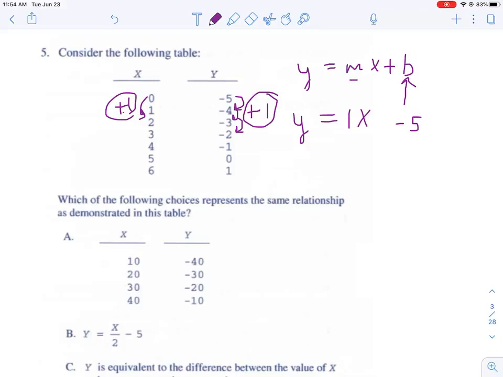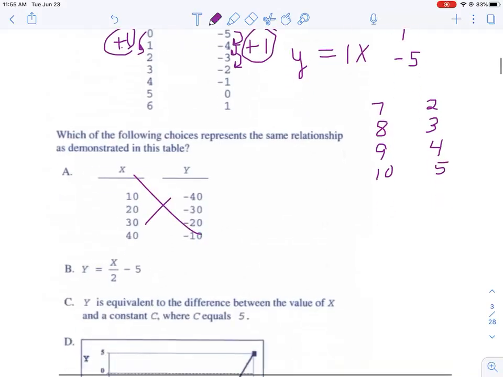So let's take a look at our chart in A. If we kept going with this, we can get to 10 pretty quickly, right? At 7 we would be at 2, and at 8 we would be at 3, and at 9 we would be at 4, and at 10 we would be at 5, not negative 40, so this is incorrect.